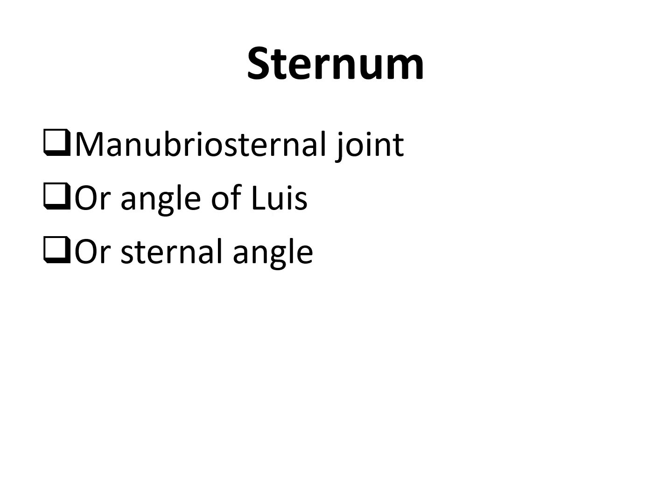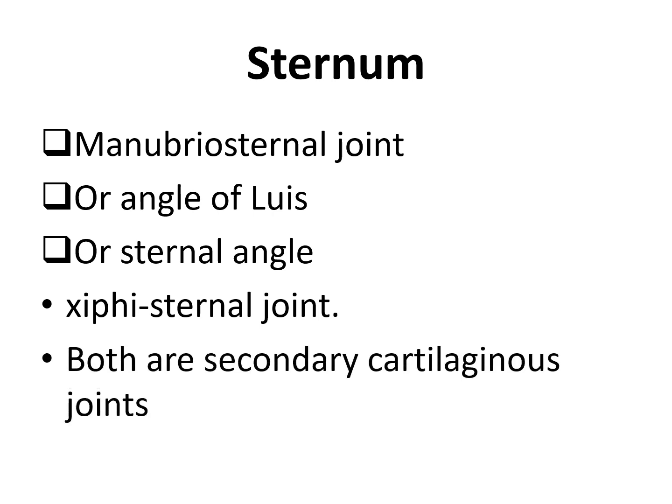A lot of anatomical events occur behind this angle of Lewis. Also, lower down we have the xiphosternal joint. Both are secondary cartilaginous joints, but as we mentioned, this one will be ossified and become bony.